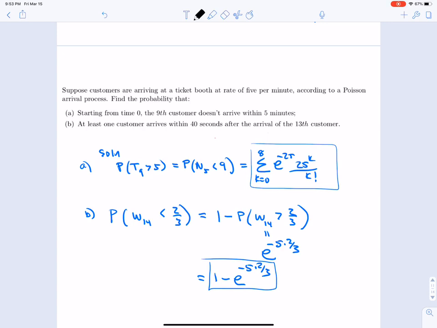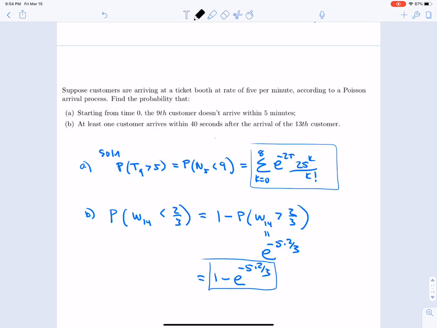And secondly, find the probability that at least one customer arrives within 40 seconds after the arrival of the 13th customer. So after the arrival of the 13th customer, we reset the clock. Using the memoryless property, now it's just the probability that the 14th waiting time, which is exponential lambda, is less than 2/3.